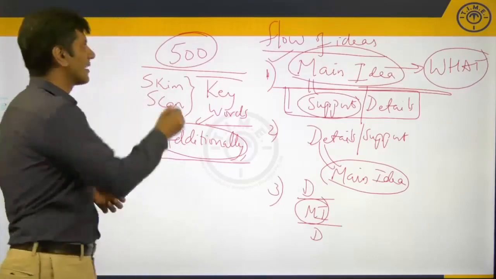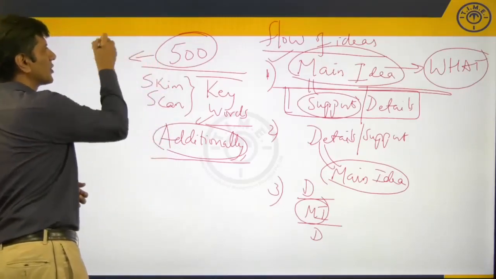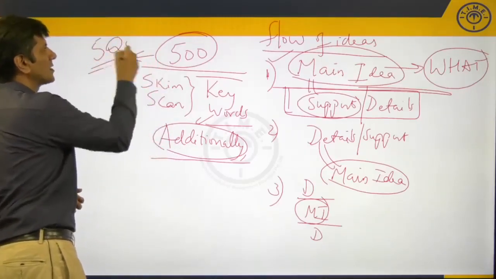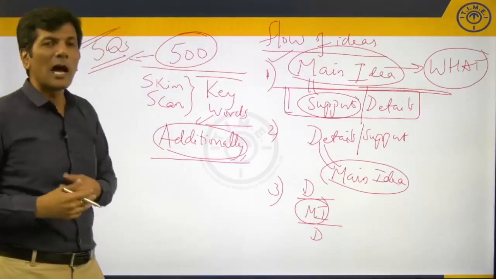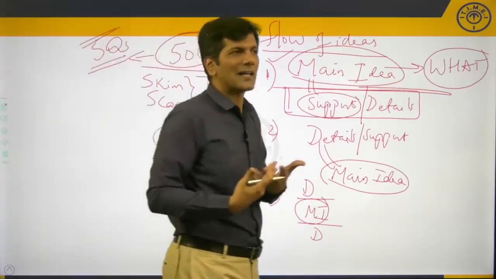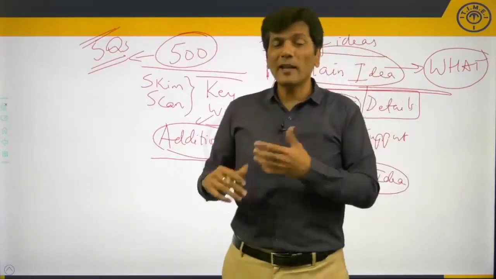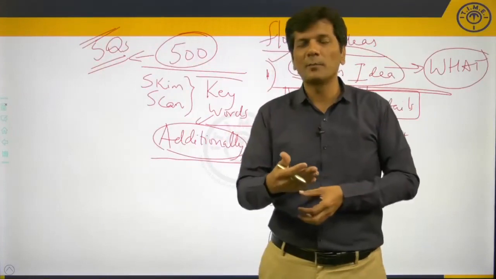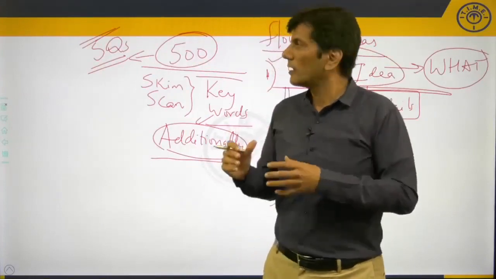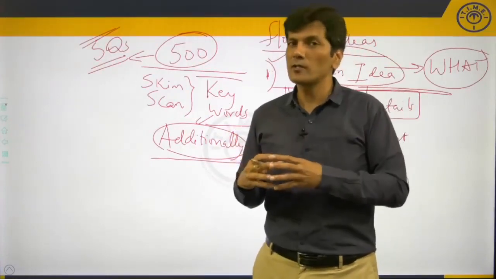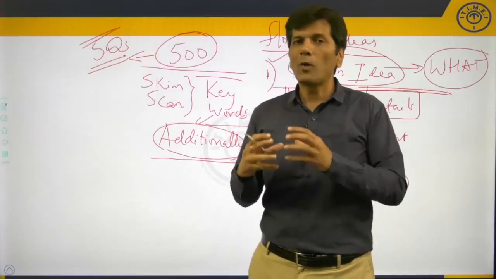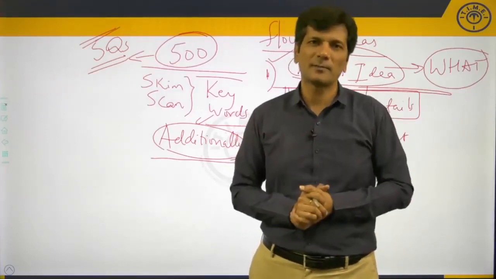So let's say for this 500-word passage, you have 5 questions associated with it. How much time should we be taking in answering these 5 questions? Now, it would be very easy for me to say just take 30 seconds per question, but remember that how much time it would take to answer each of these questions would also depend on what kind of questions have been asked.